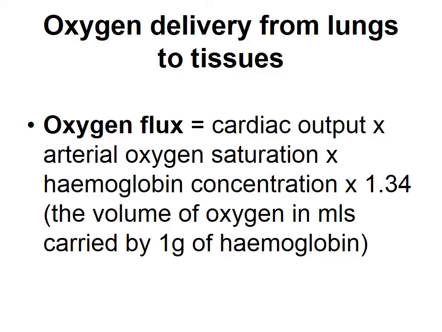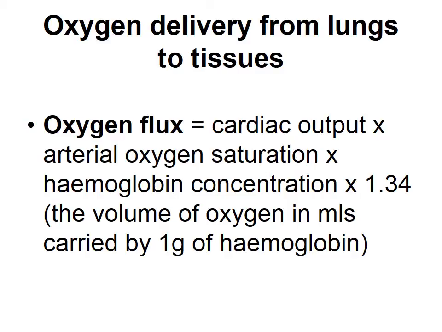Now, the oxygen flux depends on the amount of blood pumped out by the heart in a 1 minute period, that's cardiac output, but it also depends on how saturated the hemoglobin in the blood is, and it also depends on the amount of hemoglobin in the blood. So really these are the three main factors: cardiac output, arterial oxygen saturation, and hemoglobin concentration.